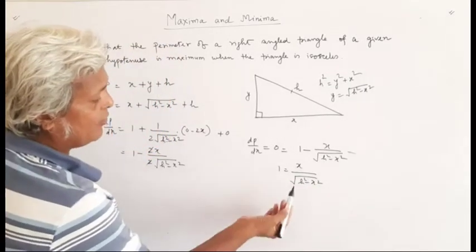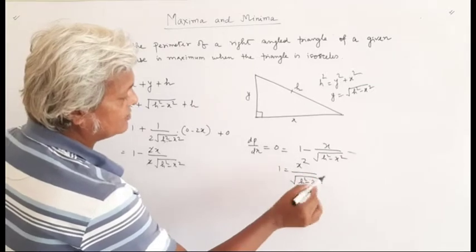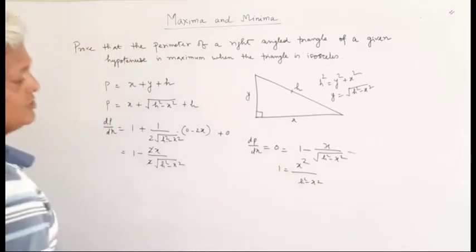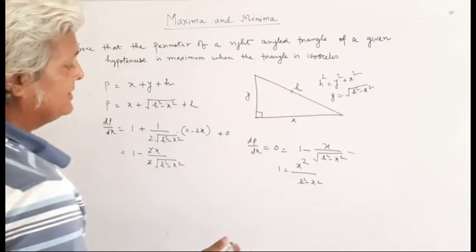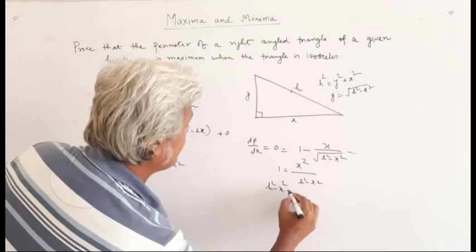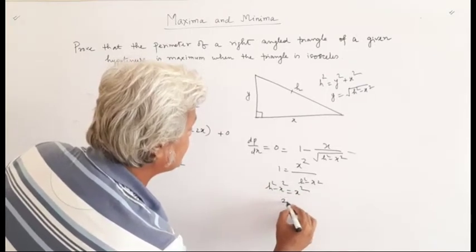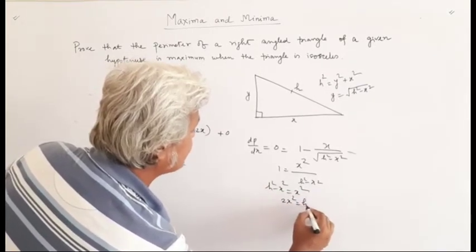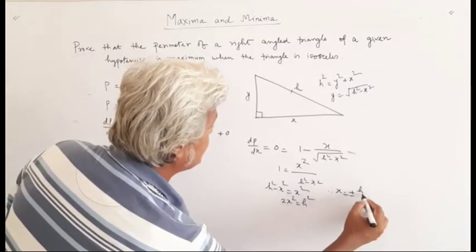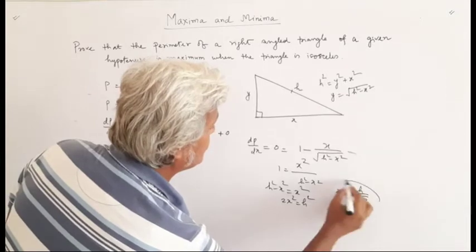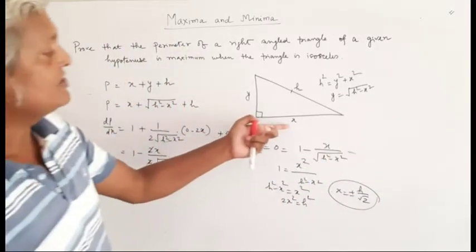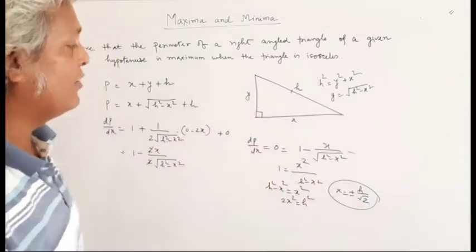Now I simply square it to save time. So this is x squared and this root is gone. So what you are getting is h squared minus x squared equal to x squared, that is 2x squared is h squared, therefore x equals plus minus h over root 2. This is the value of x. You have found that x should be h over square root of 2.